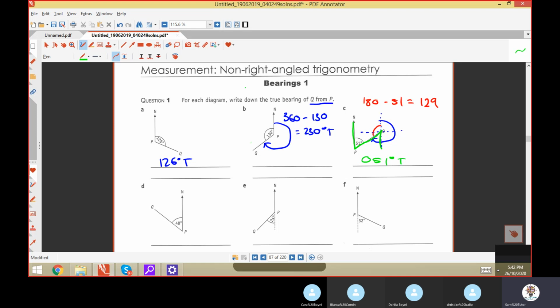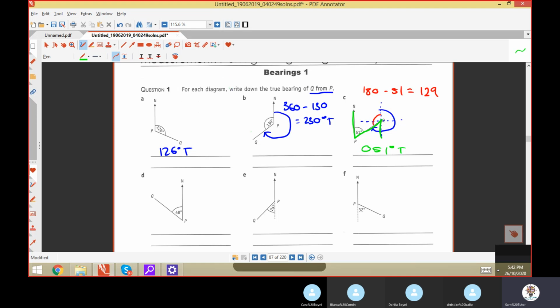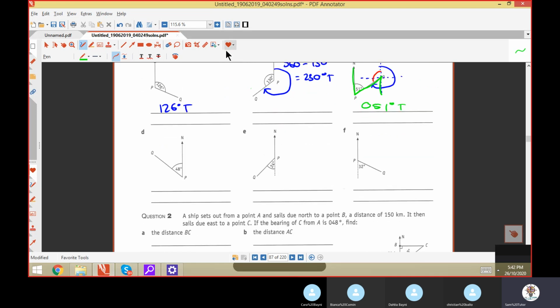Let's keep going. You want me to do D now? You draw a line. I'm trying to say draw compass bearings. Instead of it just being north, draw it like this, and then you can see it starts from north. To get to 48 degrees, it would be 360 take away 48.